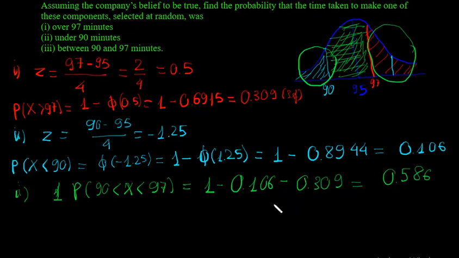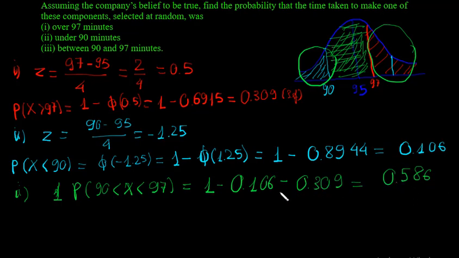I'm making a mistake here. Do you know why? We are not allowed to use these rounded numbers to find this one, because we have already rounded them, so it will affect the result.